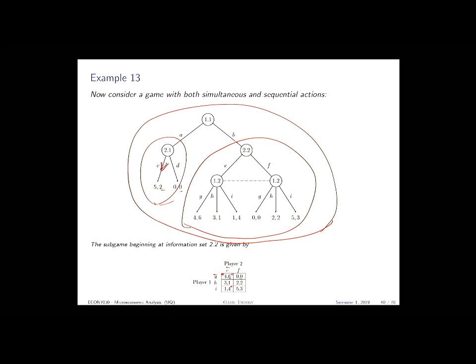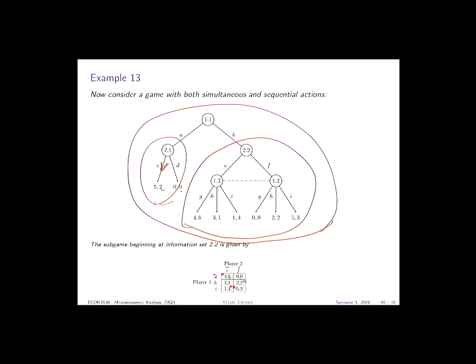Let's do all of them. If player 2 plays E, the best response was that. If player 2 plays F, the best response is this. Now if player 1 plays G, we got it. If player 1 plays H, and if player 1 plays I, so we have only one Nash equilibrium.